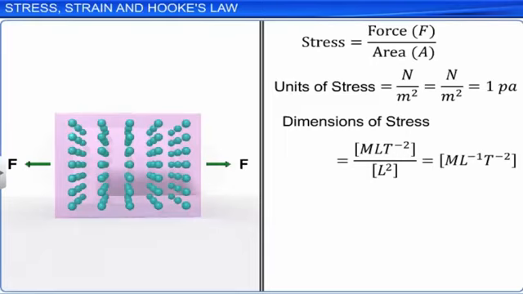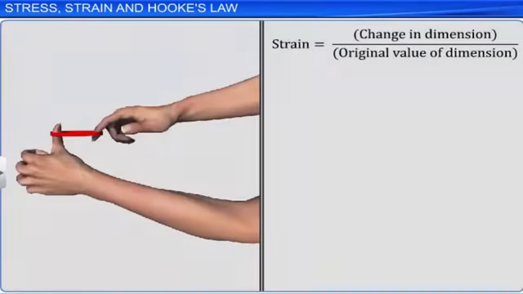The fractional deformation produced in the body by the external deforming forces is called strain. It is calculated as the ratio of the change in the body's dimension to the original value of the same dimension.